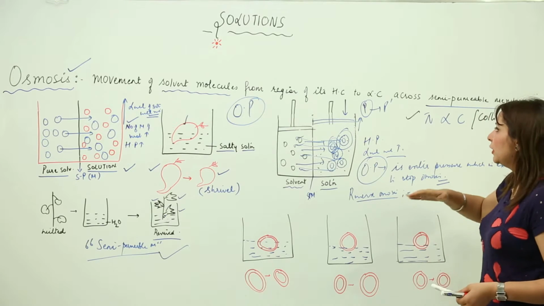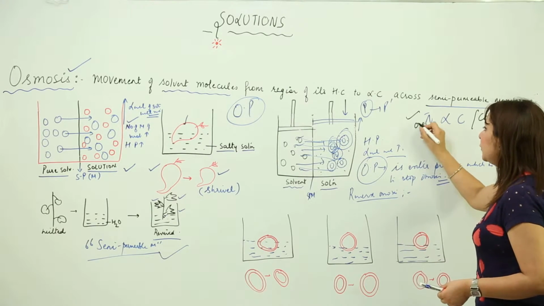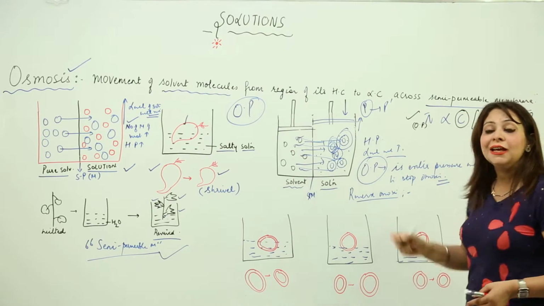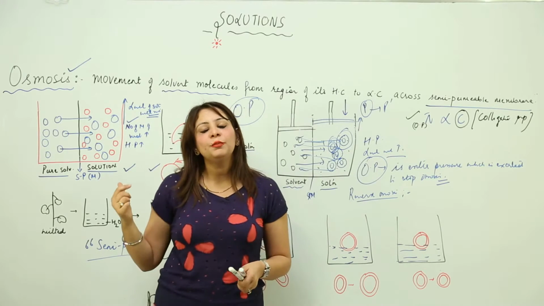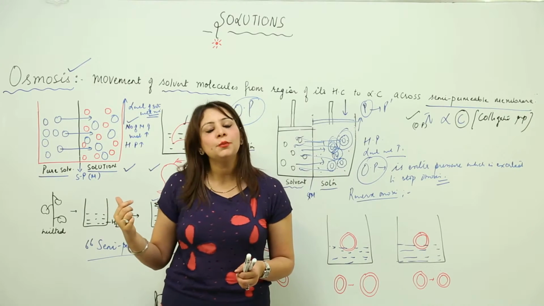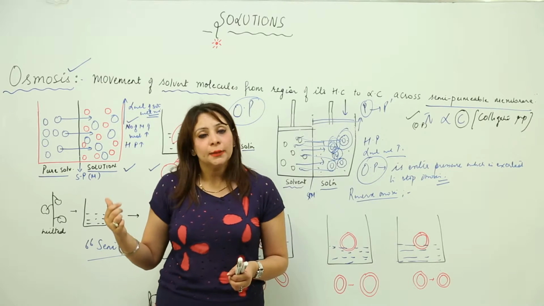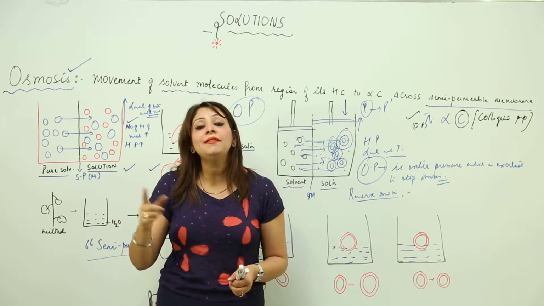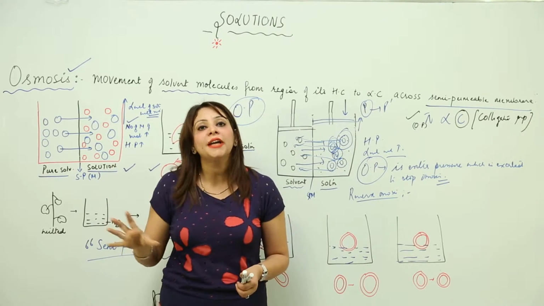So we have reached the conclusion that osmotic pressure is directly proportional to the concentration. Here the concentration is not molality, keep in mind, because earlier when we proved depression in freezing point and elevation in boiling point as colligative properties, we took concentration in terms of molality, right? That is the number of moles per kg of solvent.